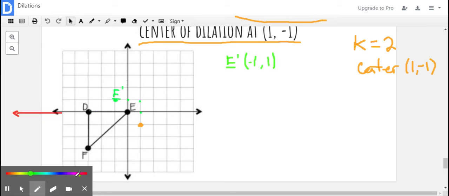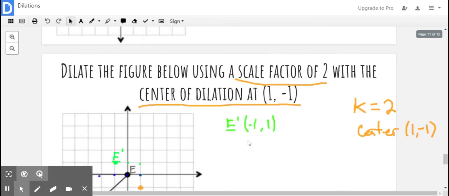For point D, we need to count once again. I have to go up 1, and then 1, 2, 3, 4 spaces over to point D. So I need to be able to double that and dilate from there in order to get to the point that I want at the end.